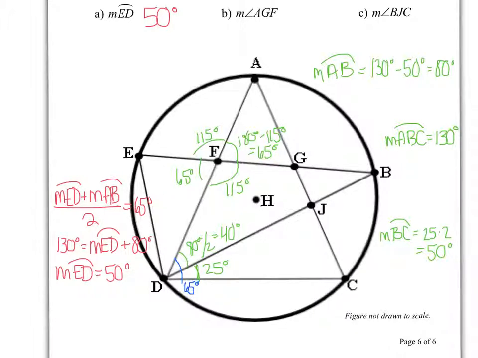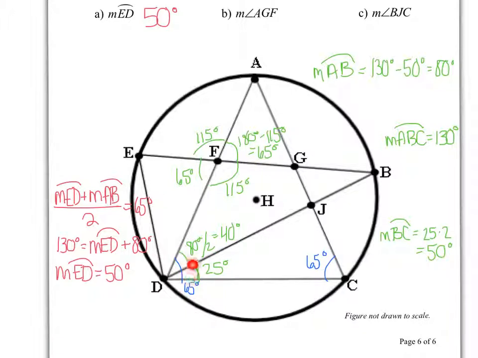And I can see that this side and this side are going to be my two congruent sides, because this is obviously much shorter than these two. So if this side is congruent to this side, then this angle is going to be congruent to this angle. So this angle must also be 65 degrees.